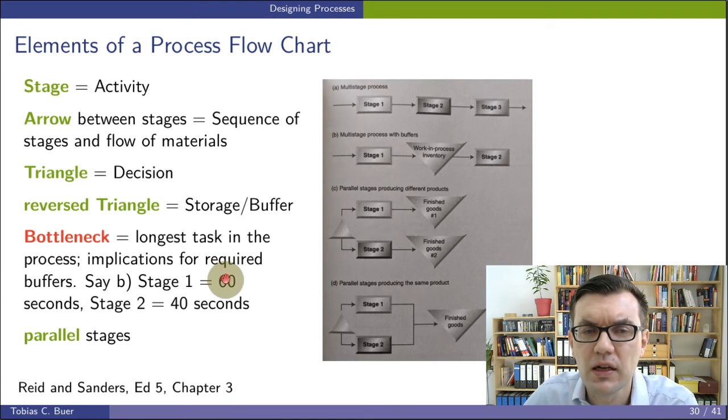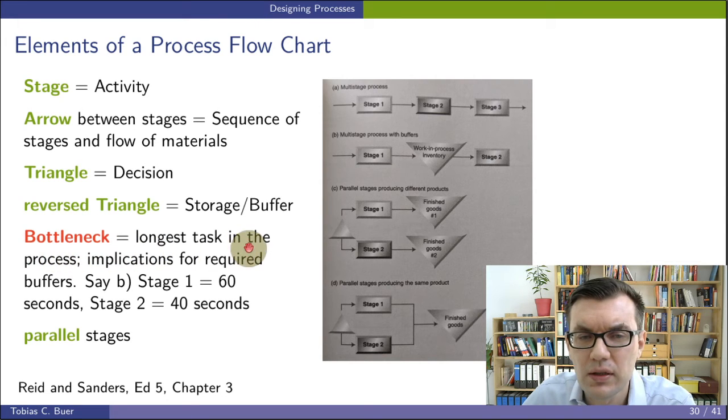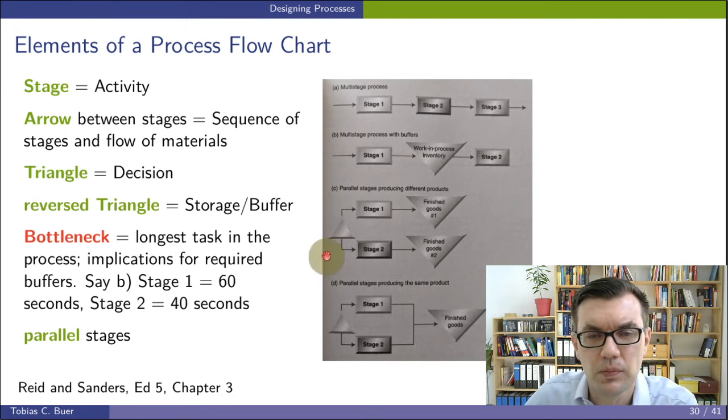And now when we start to analyze the processes, the first thing that's important is looking at the bottlenecks. And the bottlenecks are the longest tasks in such a process. For example, in process number B, let's say we need 60 seconds for the activities in stage 1 and 40 seconds for the activities in stage number 2.